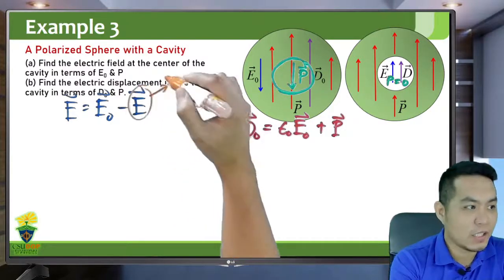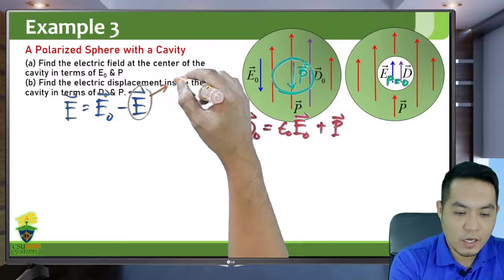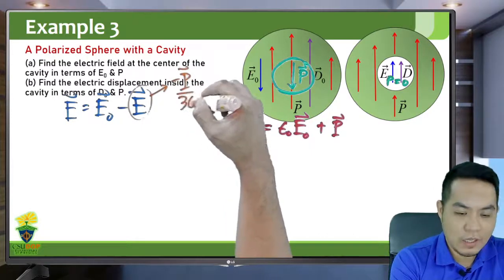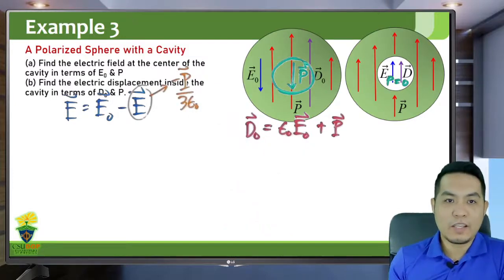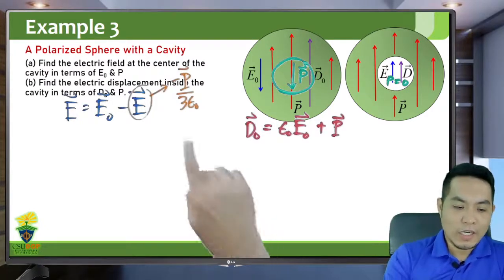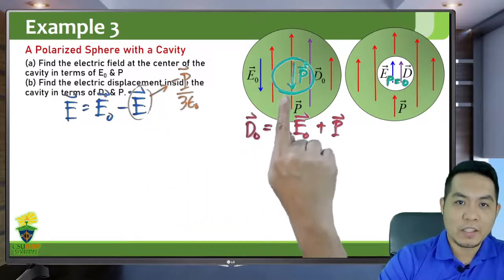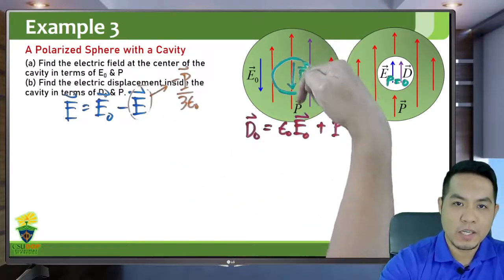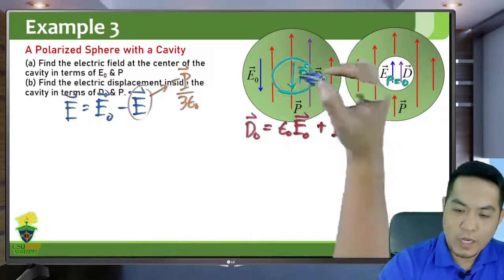Essentially, this is just equal to negative P over 3 epsilon naught. Since its polarization is downwards, the electric field is actually upward.